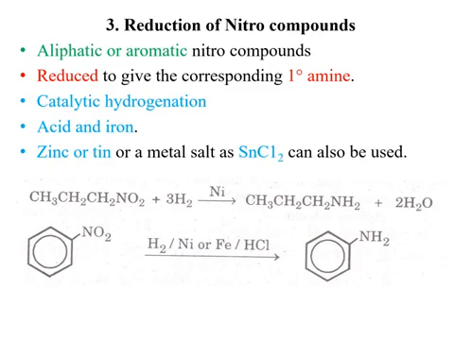A nitro compound using 3 hydrogen molecules per molecule of nitro compound produces a primary amine with the same number of carbon atoms. So nitrobenzene in the presence of catalytic hydrogenation or an iron-HCl combination is converted into aniline.